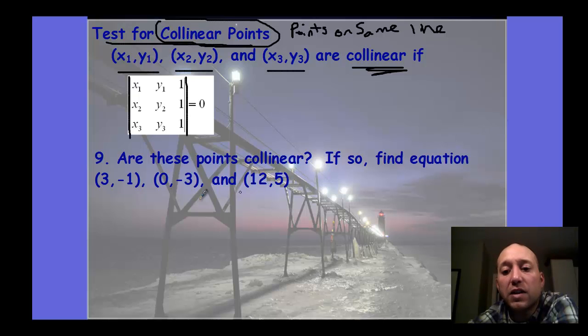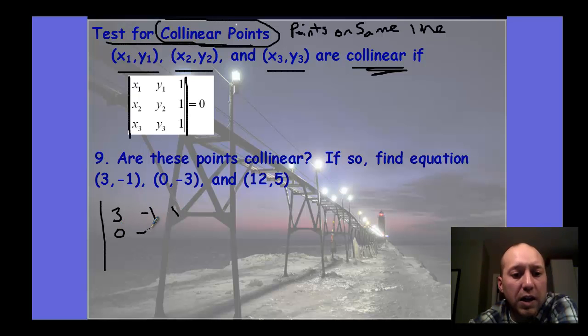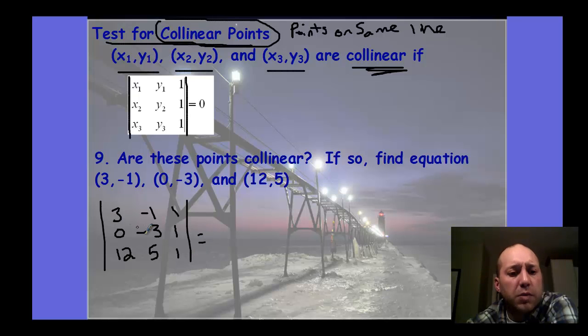Are these points collinear? If so, find the equation. We have to plug them into the determinant, 3, negative 1, 1. We still have to add in this one column so it's a square matrix. So we can find the determinant here.